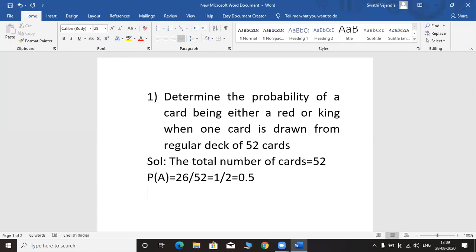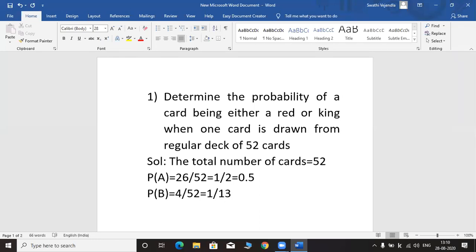In the deck we have 4 king cards. So probability of B can be written as 4 by 52, because we have 4 king cards among a total of 52 cards, which is equal to 1 by 13, isn't it?